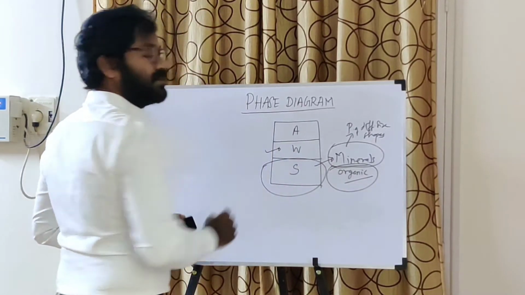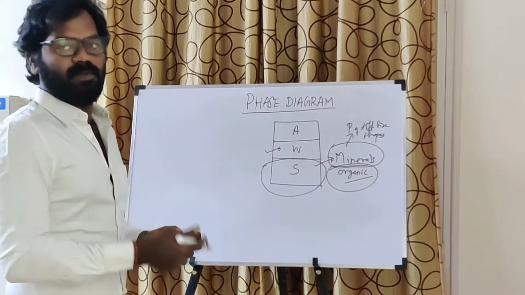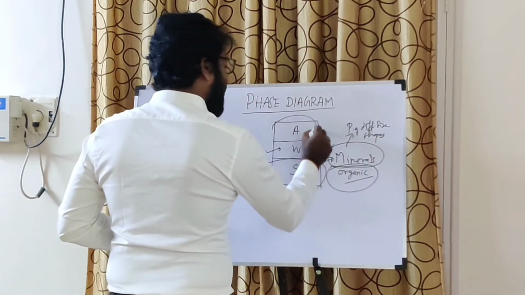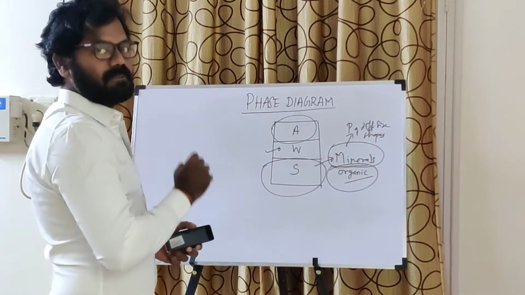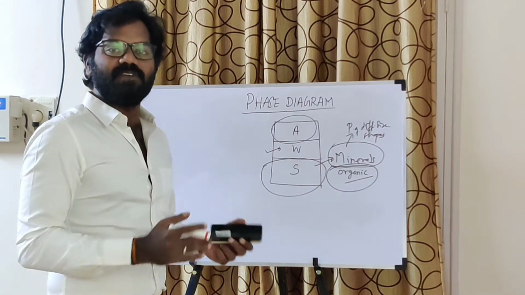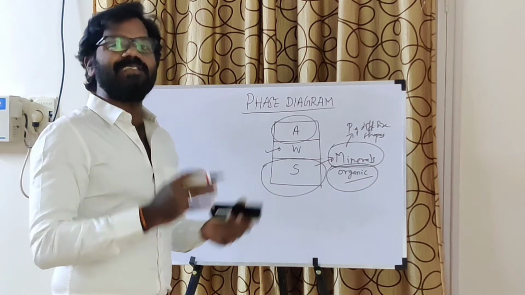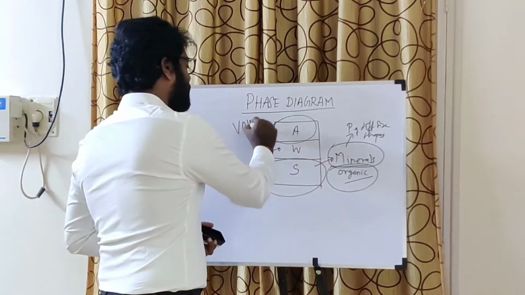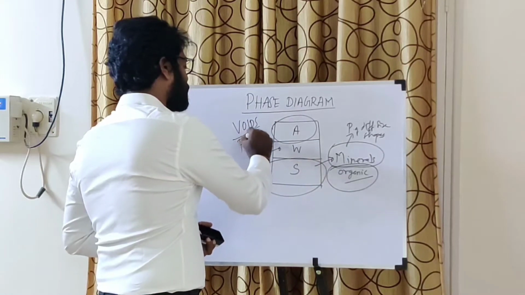Then comes the water or liquid. In general, we'll take water since we're dealing with soil. Then comes your air. Whatever space the solid particles enclose, the open space in the soil mass, is known as voids or pores.